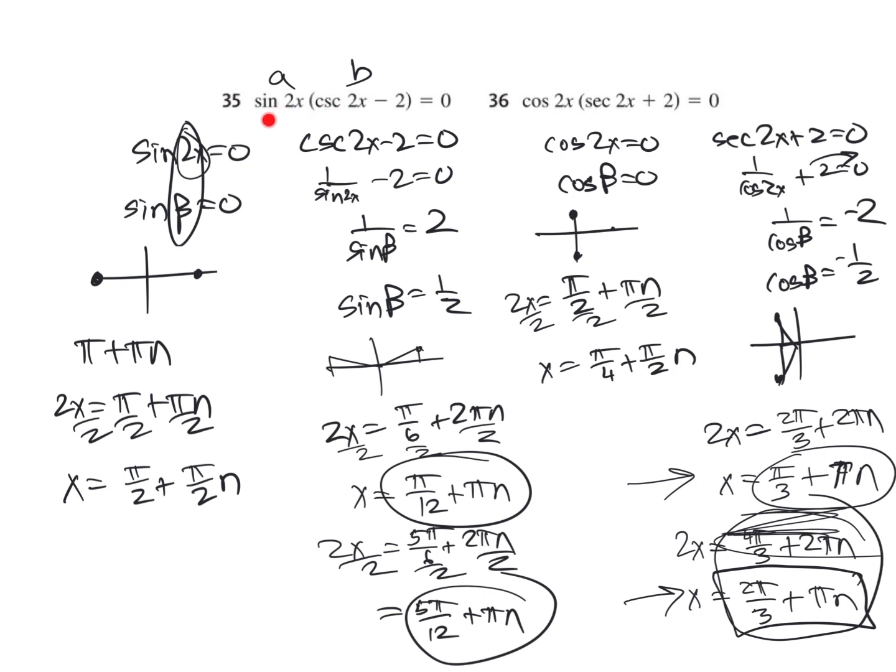If I would distribute, this becomes 1, and this minus 2 times the sine of 2x. So look down here, I'll write this real quickly, and then we'll move on. If I distribute that there, the sine of 2x times the cosecant of 2x, which is 1 over the sine of 2x, minus the sine of 2x times 2, if we're distributing, this becomes 1, and we have 2 sine of 2x.